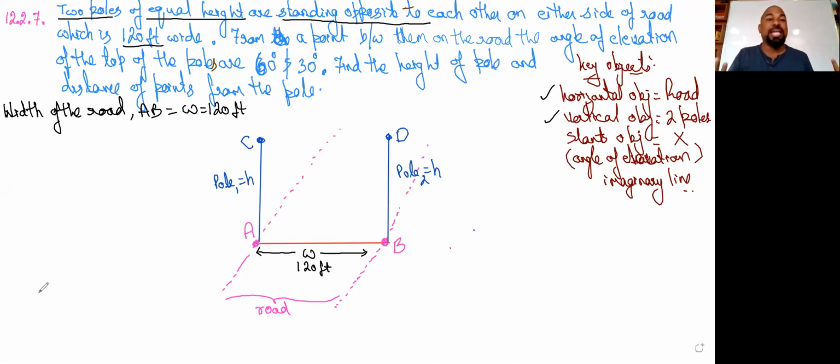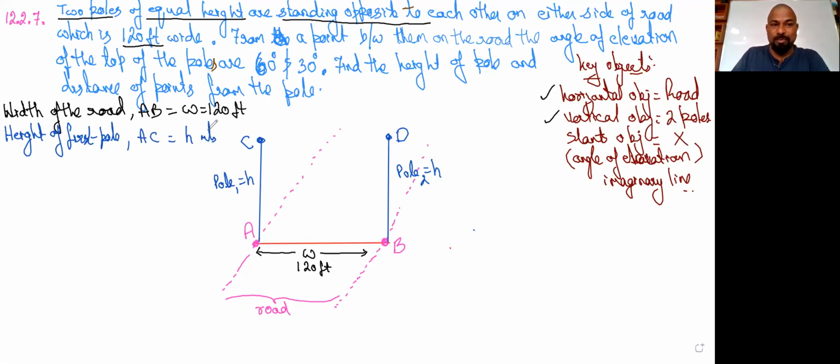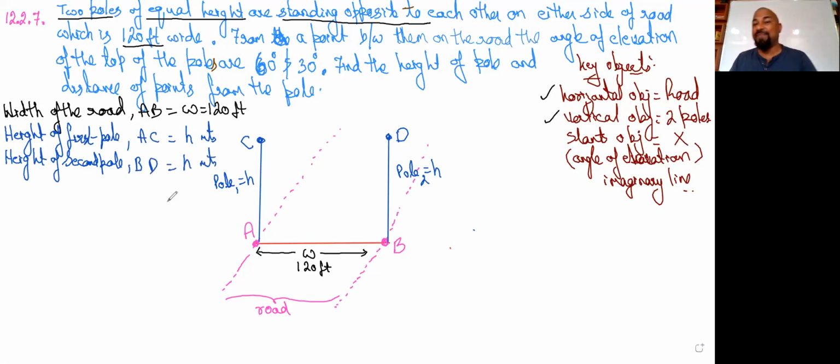Height of the first pole, we are taking it as AC, H meters, and the height of the second pole, we labeled it BD, and it is also H meters. That is what he has given.